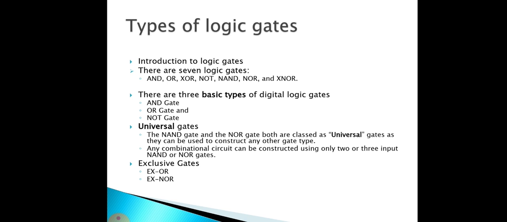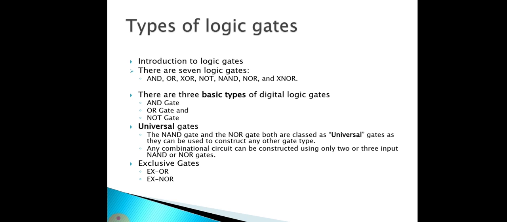Means A into B. For example, A into B. Next operator is OR operator. The OR operation produces a high output when any one or all the inputs of a logic circuit are high. The OR operator represents logical addition and it is denoted by a plus sign between two variables to be added.